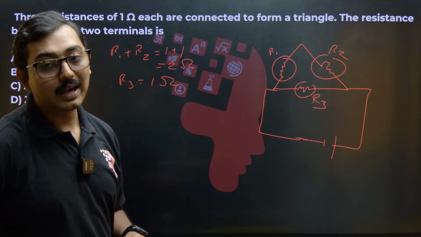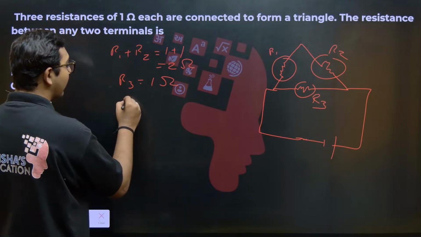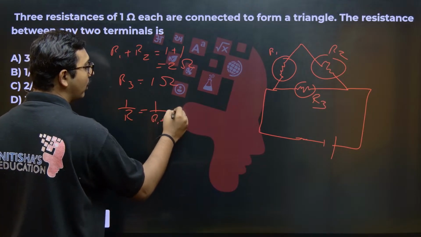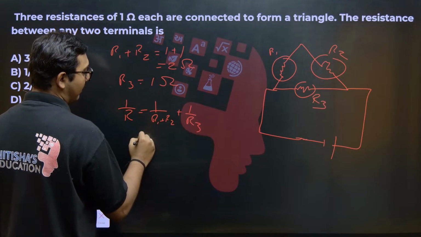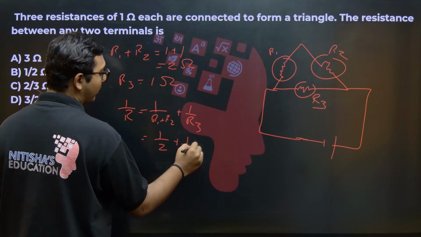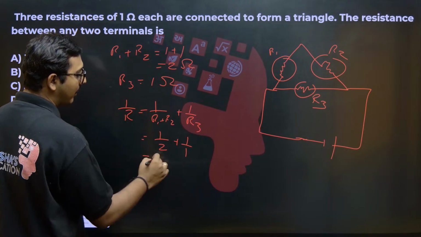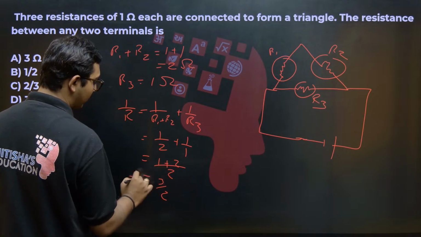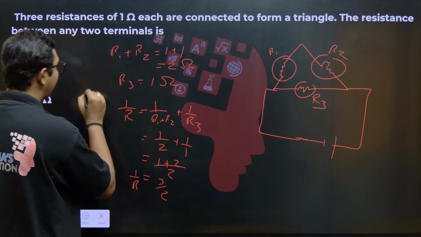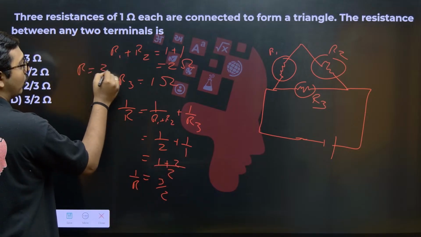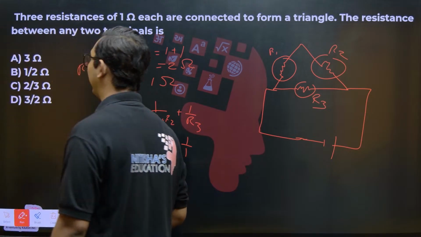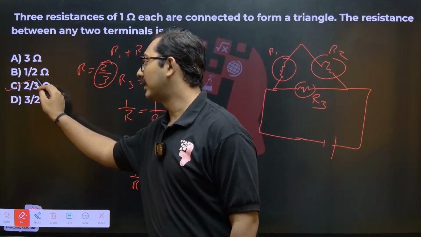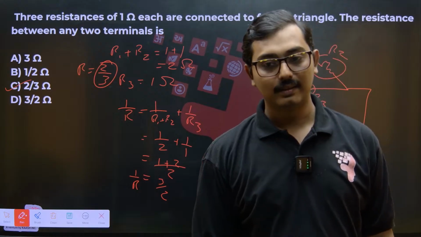Hence, 1 upon R is equal to 1 over (R1 plus R2) plus 1 over R3, which is equal to 1 over 2 plus 1 over 1, which is nothing but (1 plus 2) by 2, 3 by 2. So the value of R is equal to 2 upon 3 ohm. Hence, our answer is C.